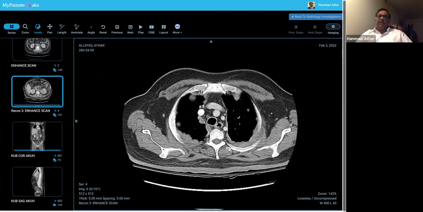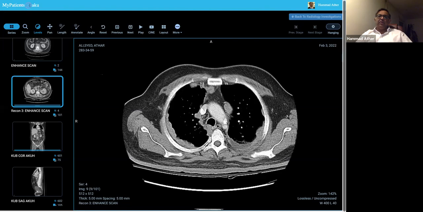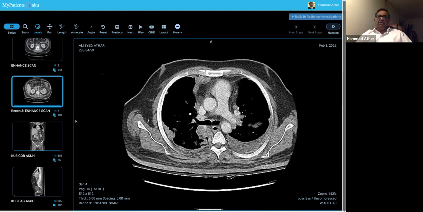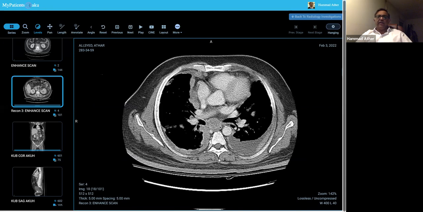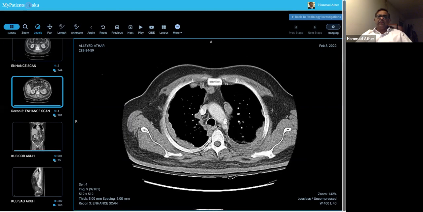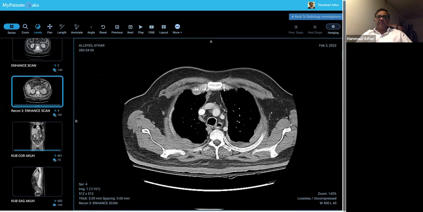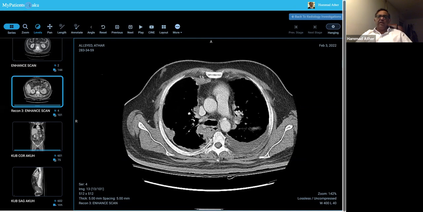So if you focus on the lung parenchyma and the pleural space, there are a lot of findings around. So I would appreciate if the residents can write down these findings. I'll just go through rather slowly. So you can see this in the mediastinum, in the pleural space, and the lung parenchyma. There are findings. So please write down in the chat box as you see.